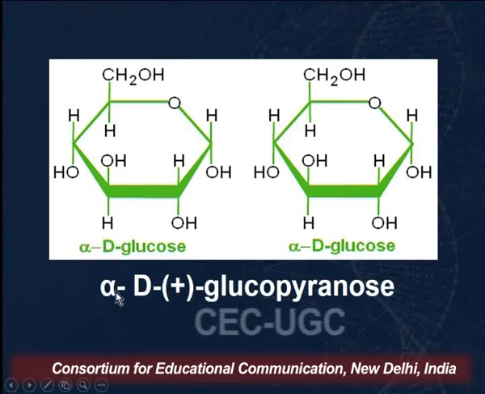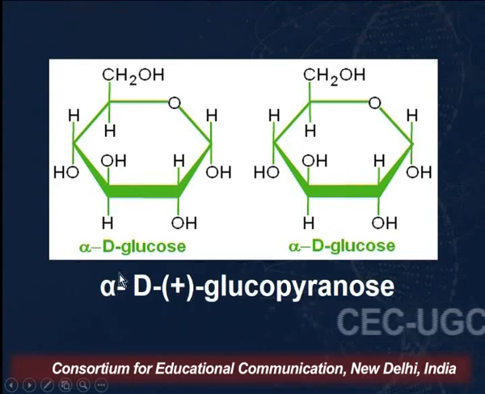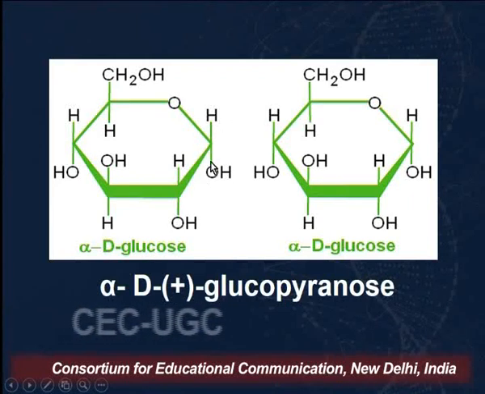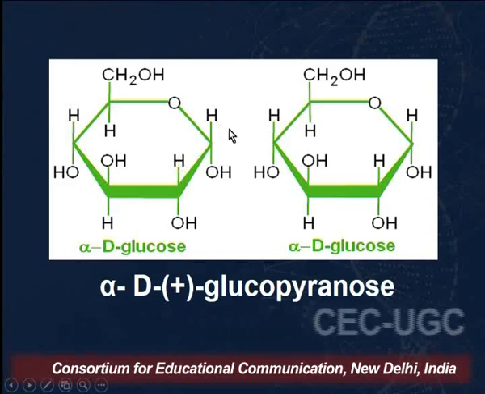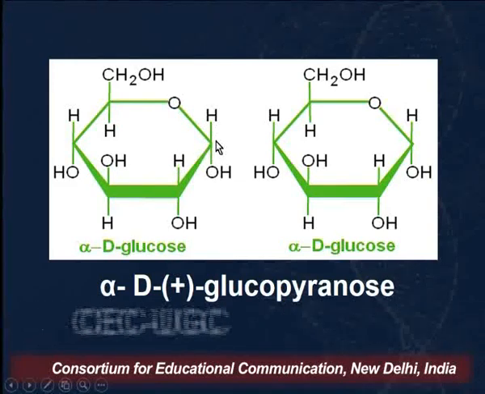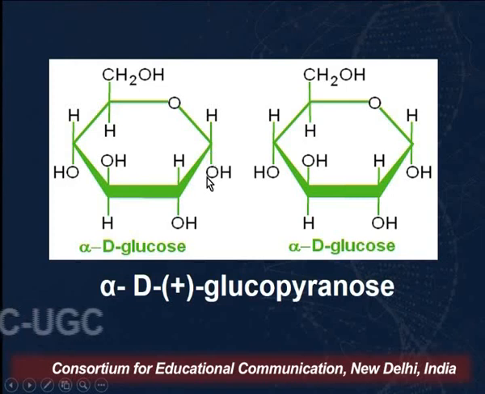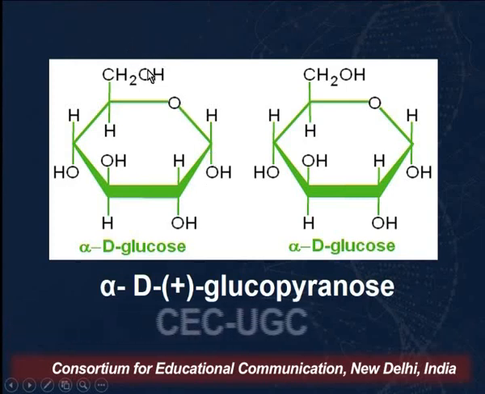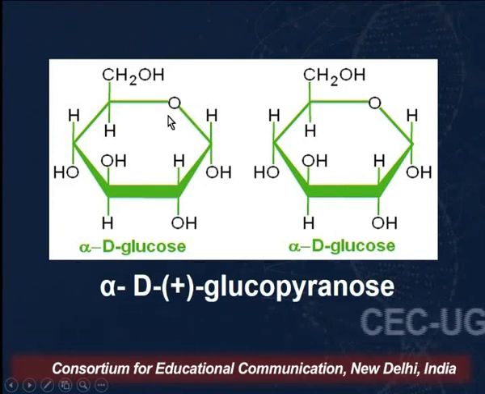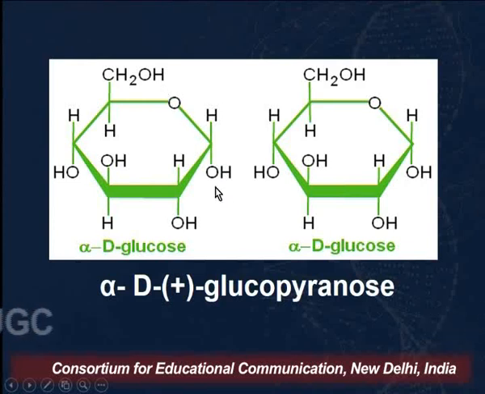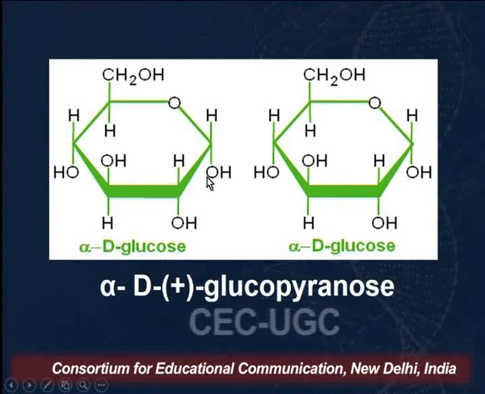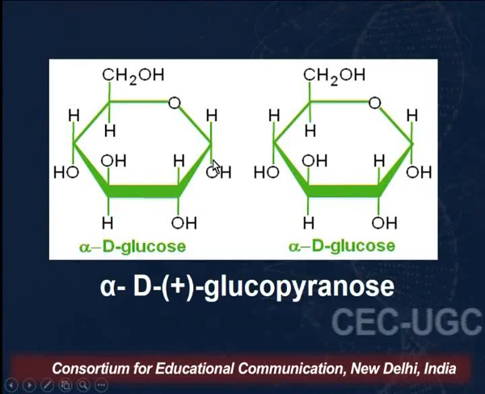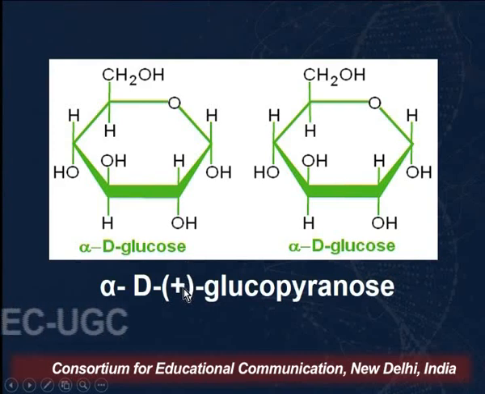Alpha, I am sure you know, indicates that the orientation of OH at the anomeric carbon is downwards. That is, the CH2OH group and the OH are on the opposite side of the plane of the ring. Second, D, as you already know, indicates the position of OH on the highest numbered asymmetric carbon, that is, it is dextrorotatory.